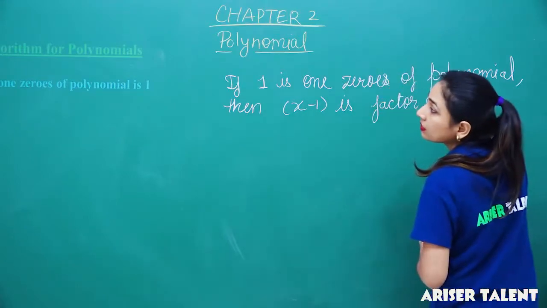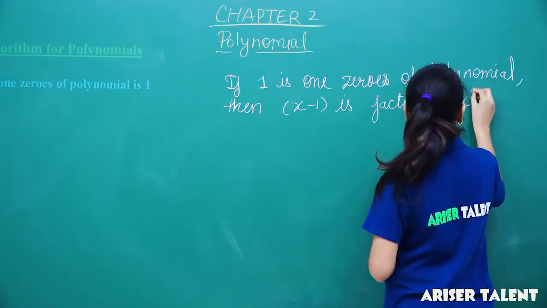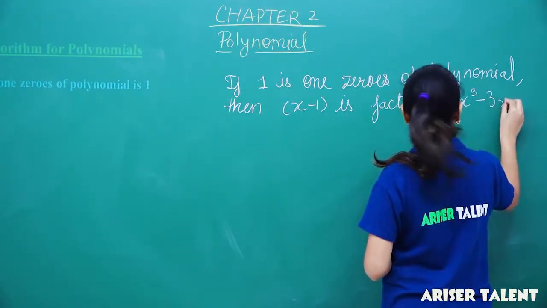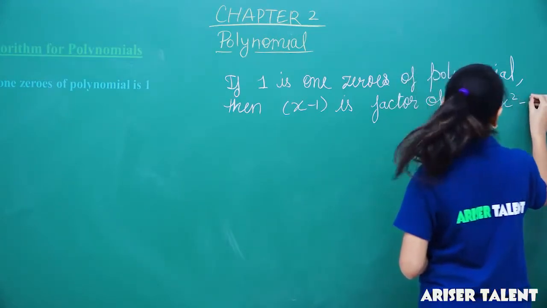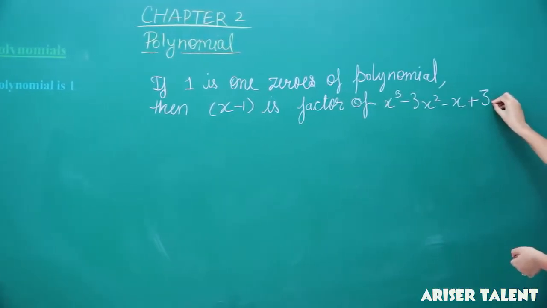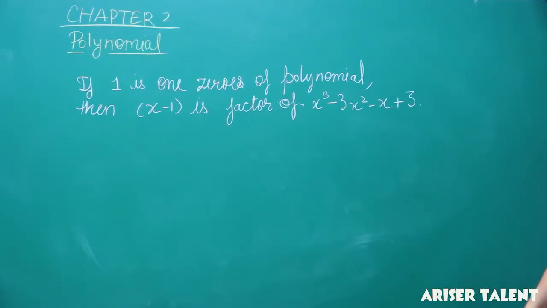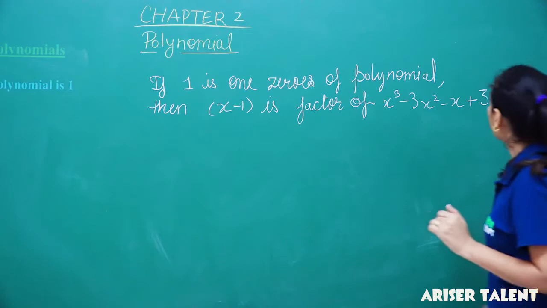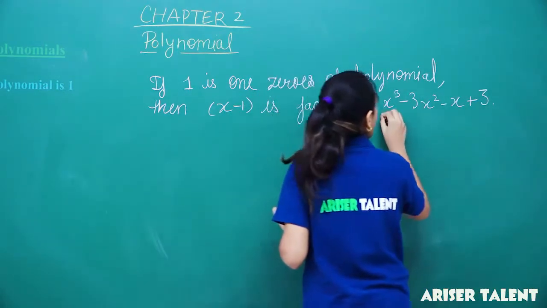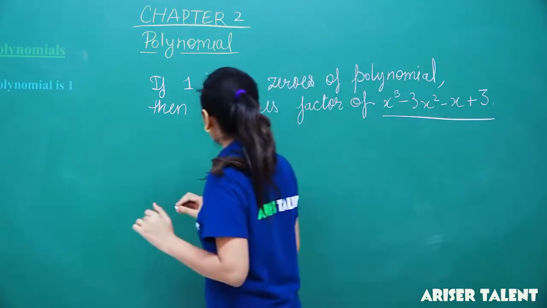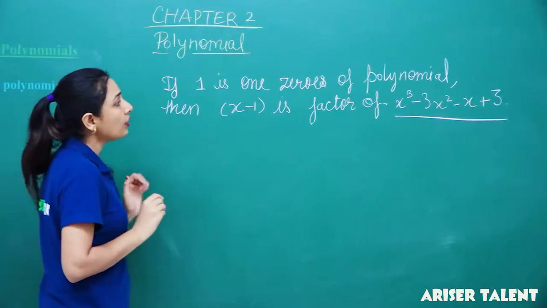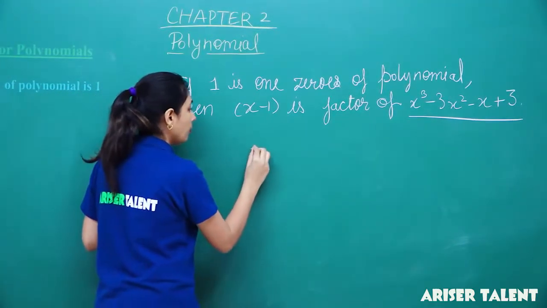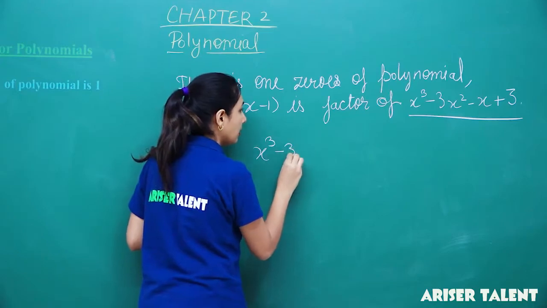We conclude that x minus 1 is a factor of x cube minus 3x square minus x plus 3. Okay? So in the previous class, what we used to do is write it here.